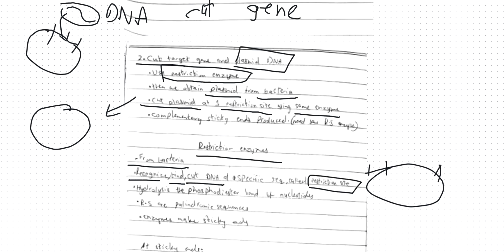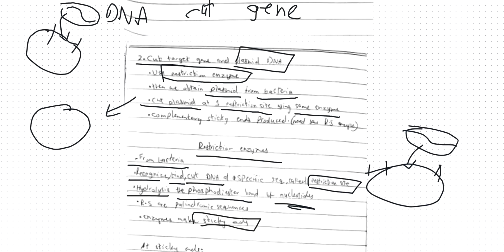And it also hydrolyzes the phosphodiester bonds between nucleotides. So when the human insulin gene is combined with the plasmid, this restriction enzyme would hydrolyze the phosphodiester bonds between the nucleotides. And so this enzyme also produces sticky ends.